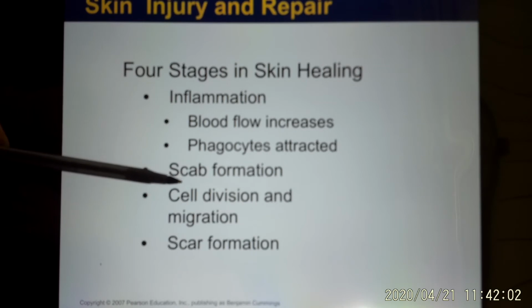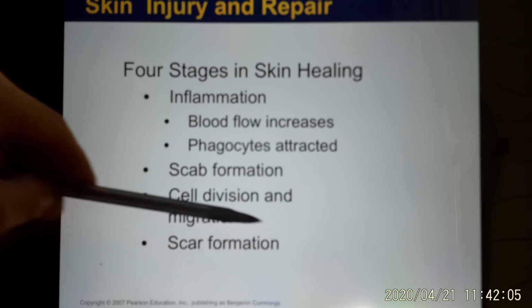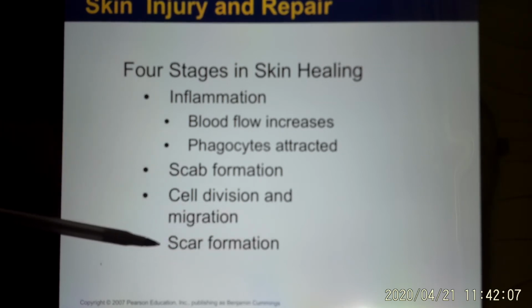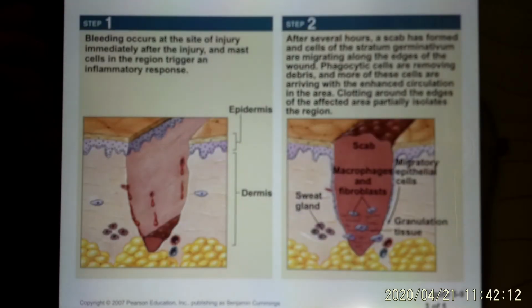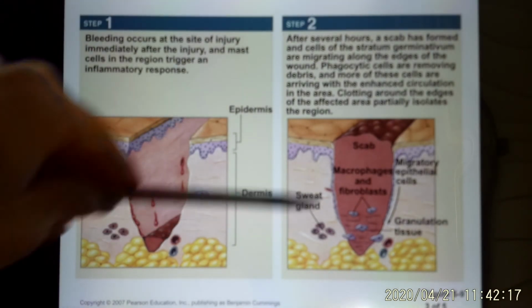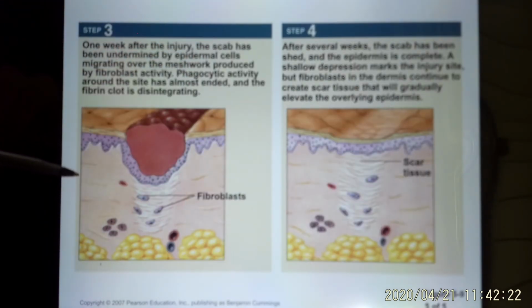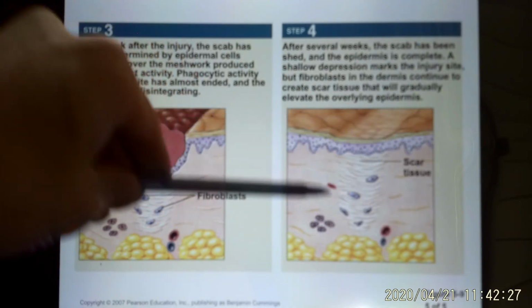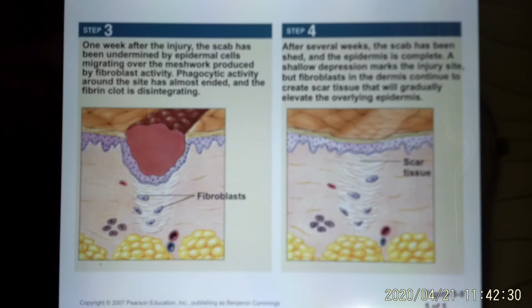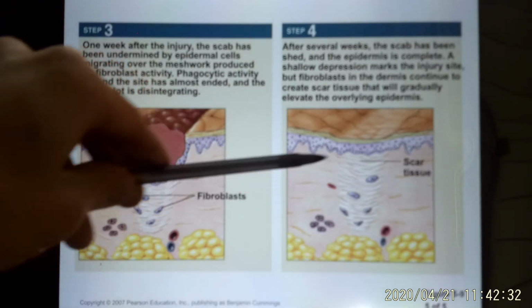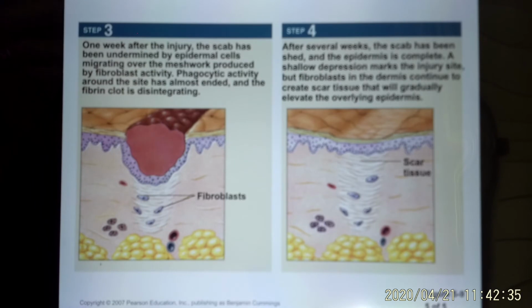It takes about a few days to a few weeks. Eventually you form the scar. And the scar does exactly the same function as your skin, so it will protect you. So these are the 4 stages. So first, inflammation, and it will start to recover. And when they recover, they put in more fibroblasts, so they have more scar tissue, more fiber there. And that's why your recovered skin looks a little bit different. But functionally, it's as good as the old one, if not better.